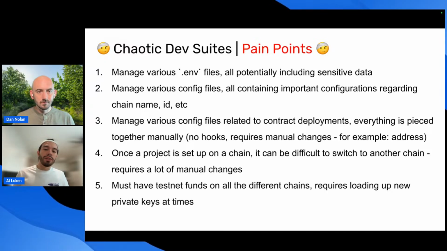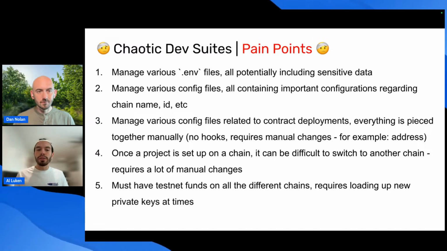Number 5 says you need to have testnet funds now on Arbitrum, and you need to potentially load new private keys if you want to pay for that deployment again, and the transactions, and then all of a sudden your testnet funds ran out because the faucets drip very few testnet funds. So it can be chaotic.